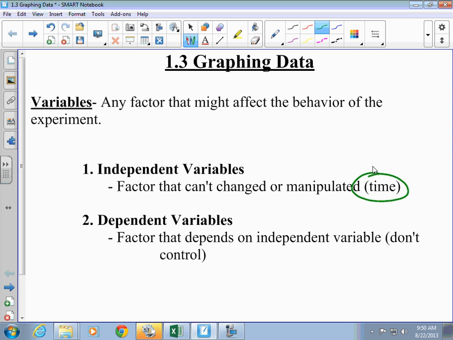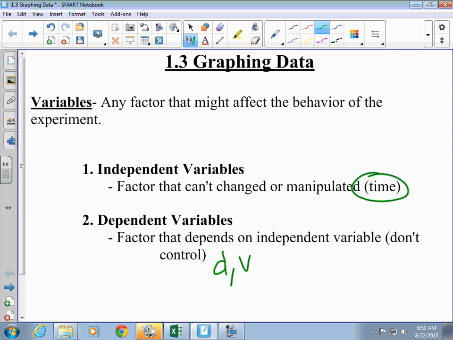So if we're graphing velocity, this would be distance. If we're graphing acceleration, that would be velocity. Every one of these factors depends on the independent variable. So things you can't control, your distance, your velocity, stuff like that.